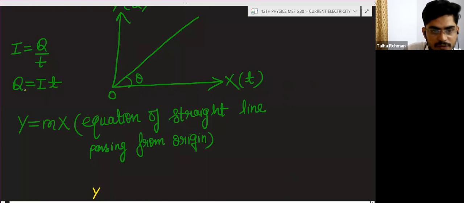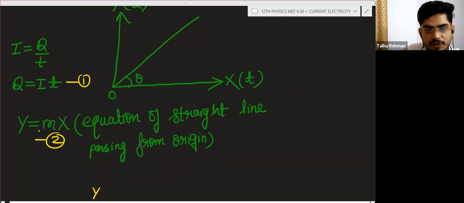Now you can compare. Here Q is equal to I into t, and y is equal to mx. On the y-axis there is Q, on the x-axis there is t. So what is the slope of this graph?